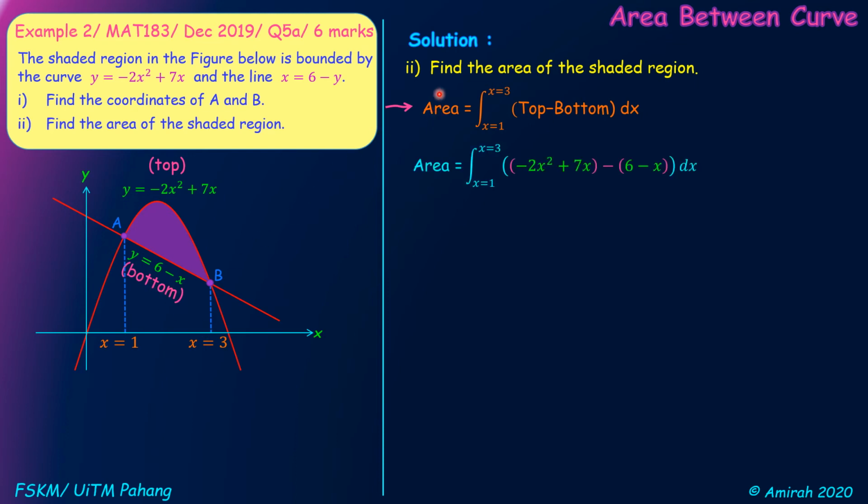So we substitute into this formula and get area equals the integral from x equals 1 to x equals 3 of the top function, negative 2x squared plus 7x, minus the bottom function, 6 minus x.